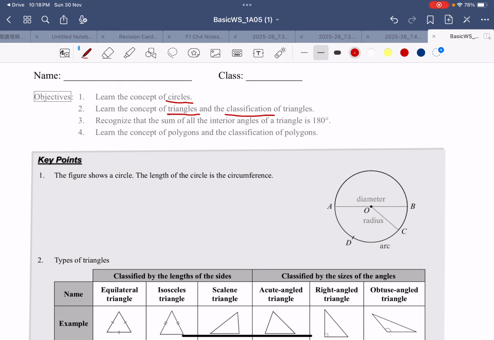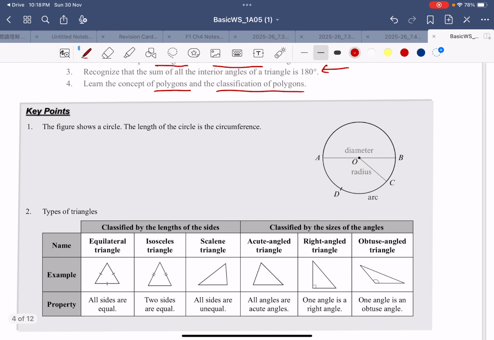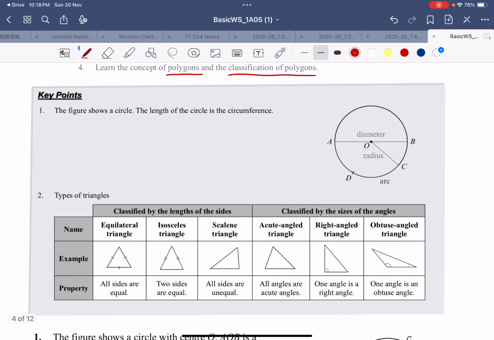And we are going to learn a very important theorem called angle sum of triangle. That sum of all the interior angles of a triangle is 180 degrees. And then finally, we learn the concept of polygons and classification of polygons. So let's start with a circle.